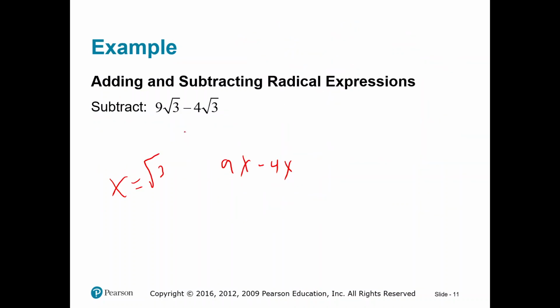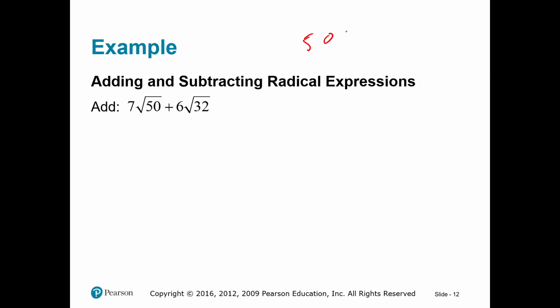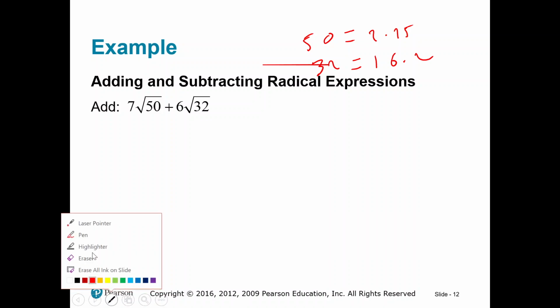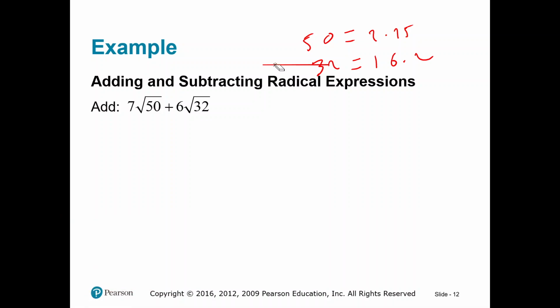And so we're going to say that 50 is 2 times 25. 32 is 16 times 2. And so I can split the square roots.